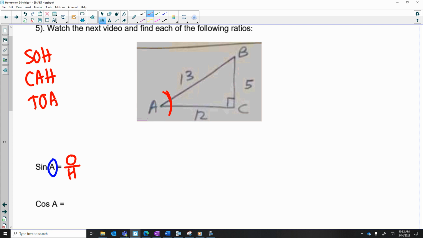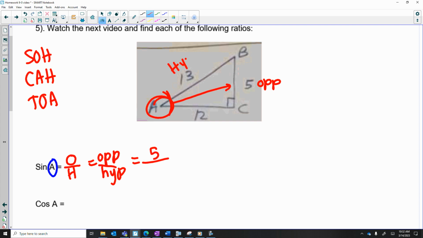Sine is opposite over hypotenuse. Here's angle A, and if we were to shine a flashlight across, the opposite side would be the 5. And the hypotenuse is the longest side, which is the 13. So the sine of angle A is opposite over hypotenuse, or 5 over 13.